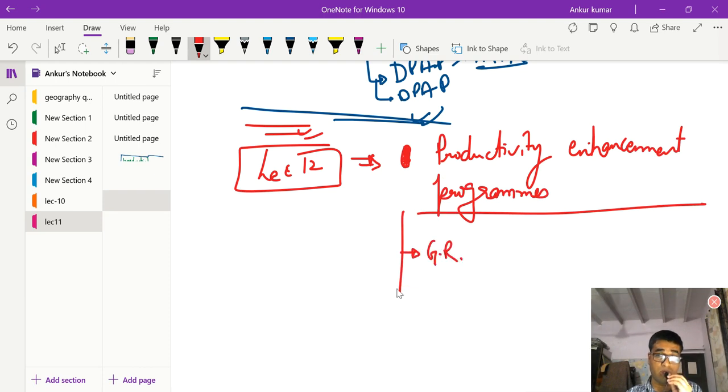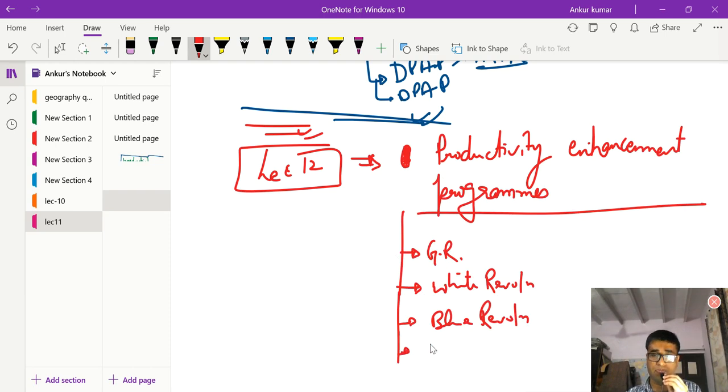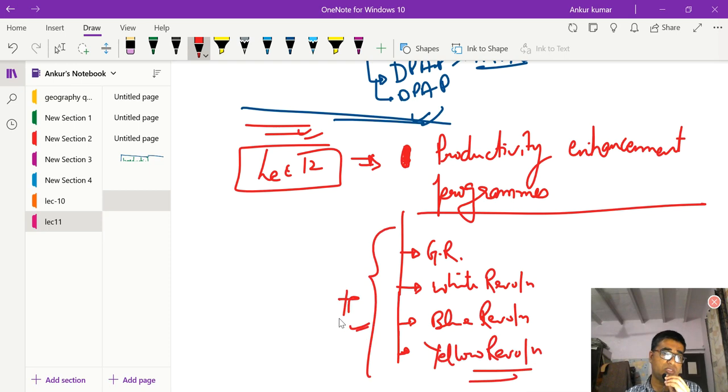Number one is the green revolution program. Number two is the white revolution. Okay, blue revolution. Okay, yellow revolution. So these four programs we will cover in the next class, along with these other topics left which are miscellaneous type. Okay, that we will also cover in the next class.